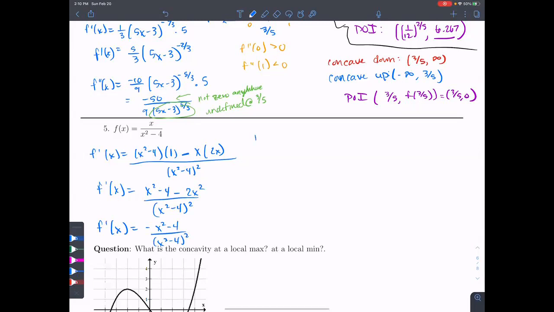So the second derivative would be ho d high minus high d ho to x squared minus 4 to the first times 2x.